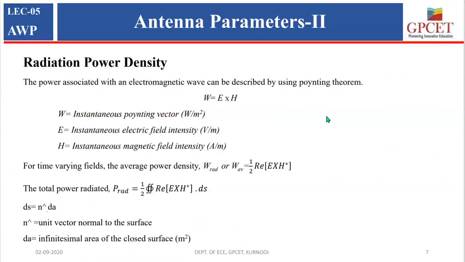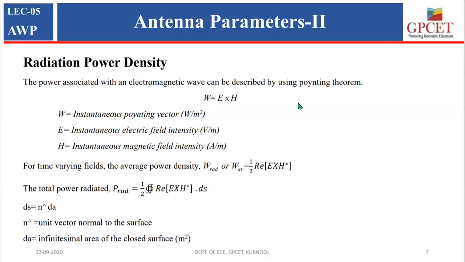If these electric and magnetic fields are time varying fields, that means if the electric field changes as E is equal to E into e power j omega t and H is H into e power j omega t, then we define a parameter called average power or the power density, the radiation power density.